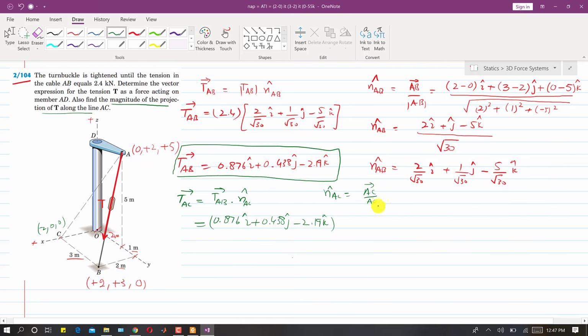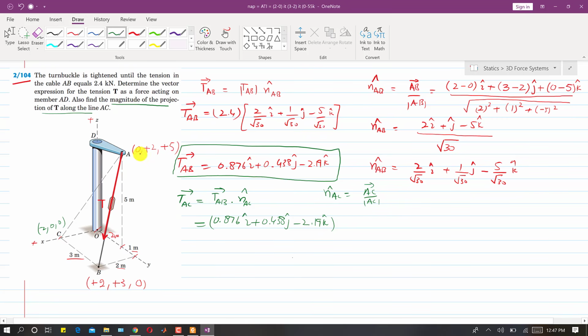NAC will be equal to the AC vector divided by the AC magnitude, right? So for the AC vector, we need the coordinates of this C point. We only need to travel 2 meters along X, so this C point is on the X axis, and the remaining two coordinates are 0, right? So what will be the AC vector?